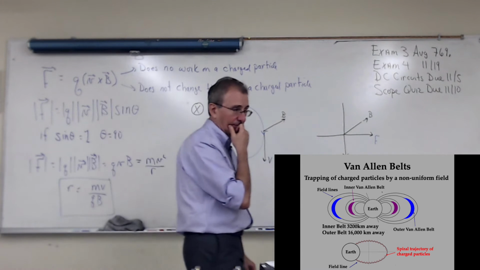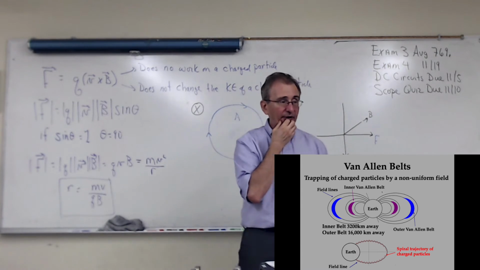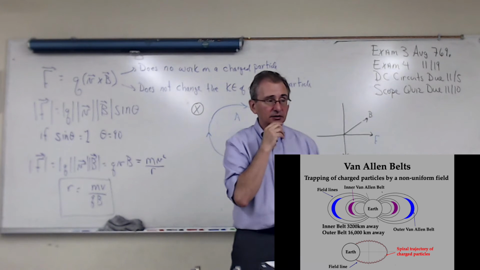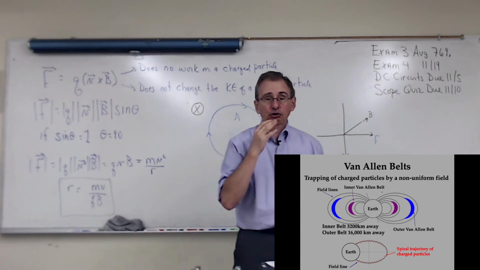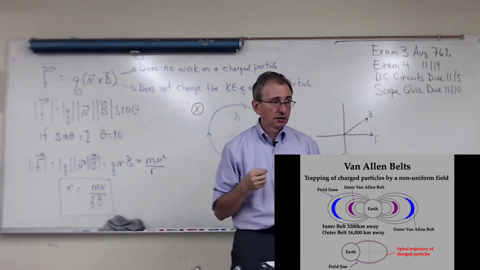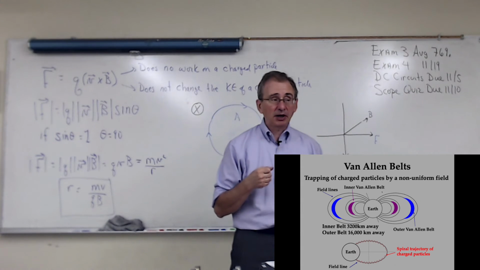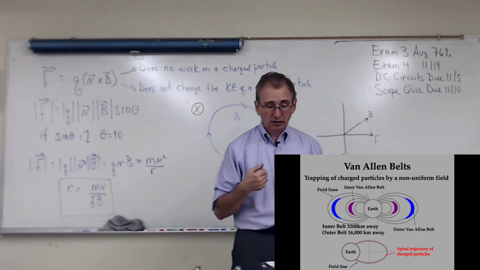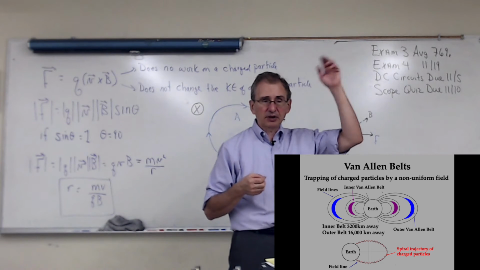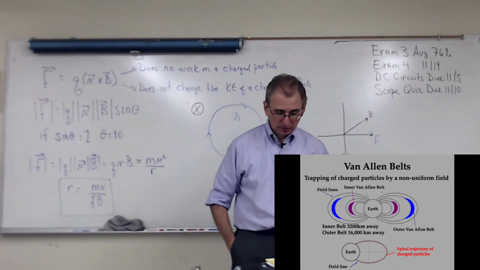And these are very high energy charged particles that are trapped by the Earth's magnetic field. These charged particles come from the solar wind, particles from the upper atmosphere of the sun.